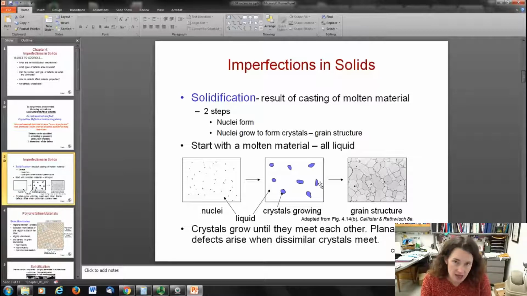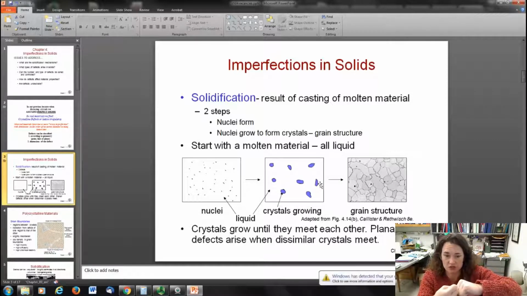Now, they might not have been perfectly oriented with respect to one another when they formed. In fact, it's most likely that they weren't. This one over here had a crystalline orientation that was tilted this way, and this one's tilted this way, and then eventually when they meet up, you're going to have a boundary where the crystalline structure isn't the same. And so that leads to what's called a grain structure in a material.